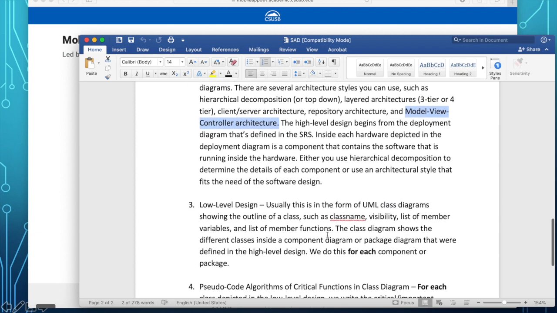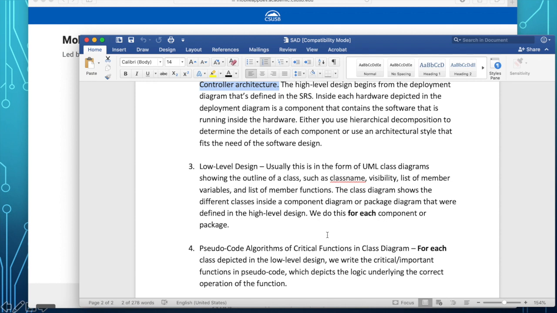Okay? Now, once you start decomposing this high-level design into its class diagram, if you understand a package or a component or a module into the class diagram decomposition, then it becomes low-level design.